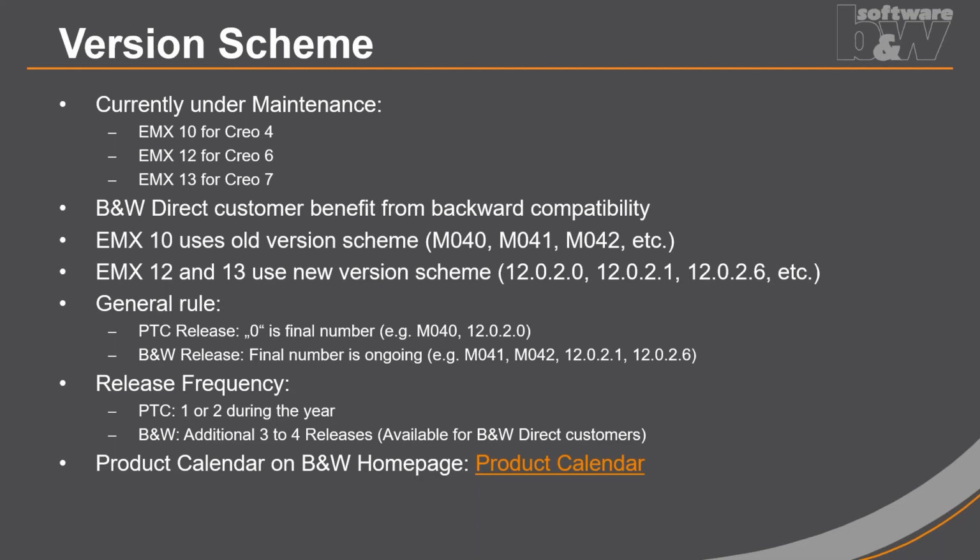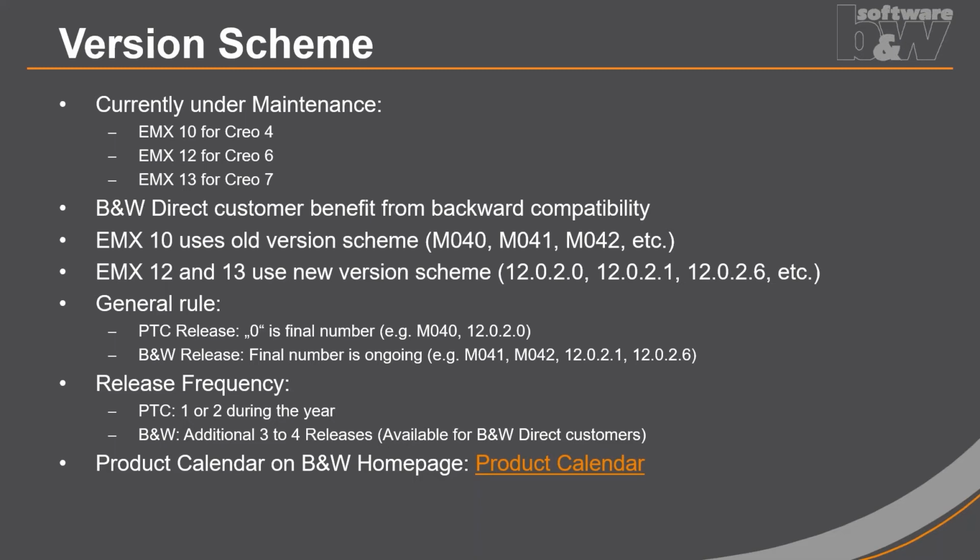And in case we have a B&W release, you will always have a running number at the end, like here, 41, 42, 2.6, and so on. So you can recognize the difference in the final number. Through PTC, we release 1 or 2 versions during the year. And for B&W customers, we additionally send out 3 to 4 releases that can be downloaded from our download server.